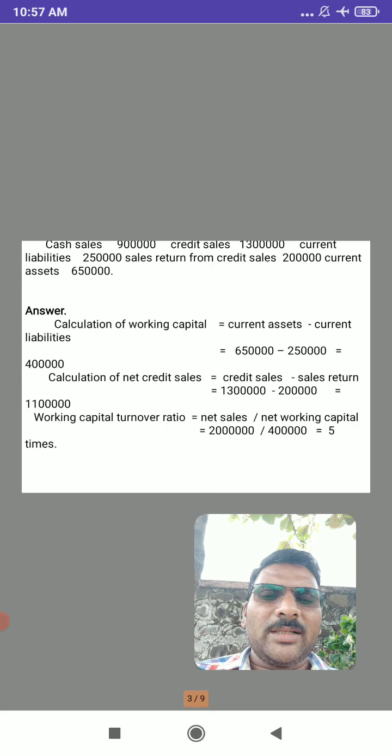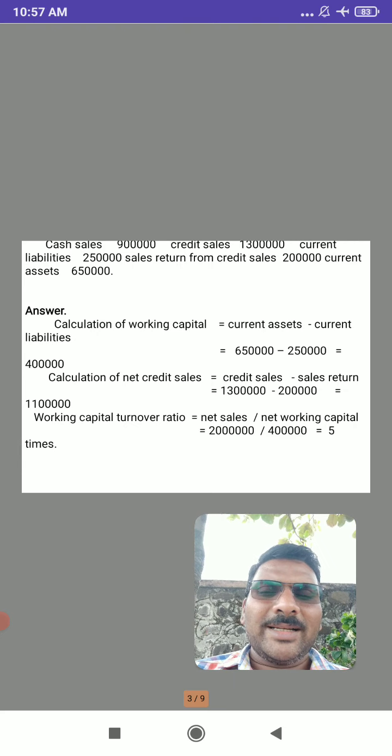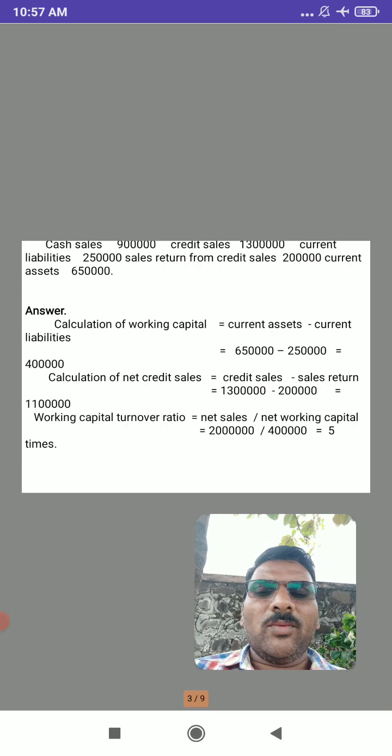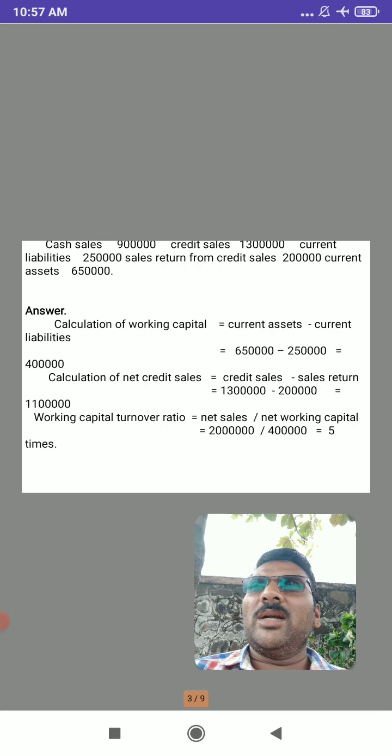Dividing 20 lakh by 4 lakh, we get the working capital turnover ratio as 5 times. It is expressed in terms of times. Like this the working capital turnover ratio is calculated.